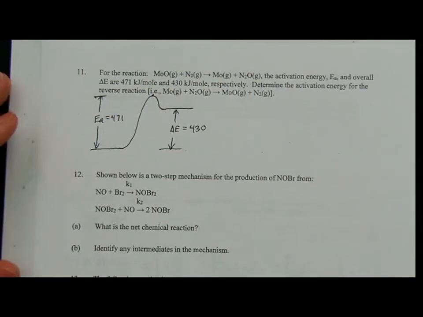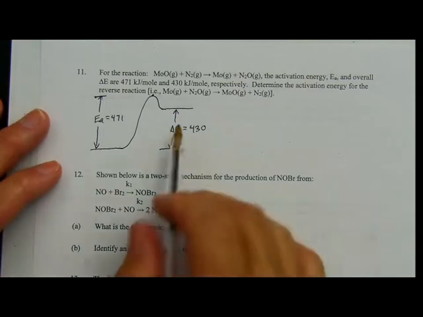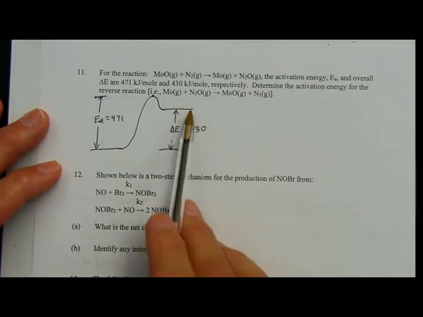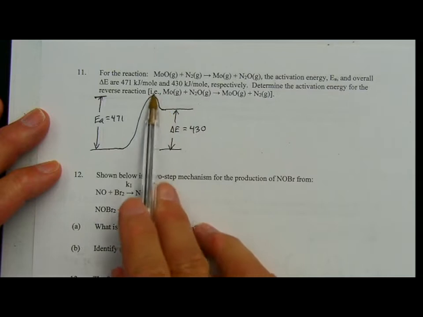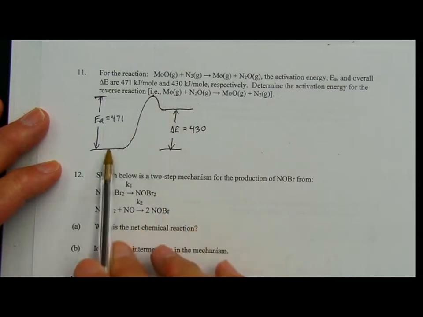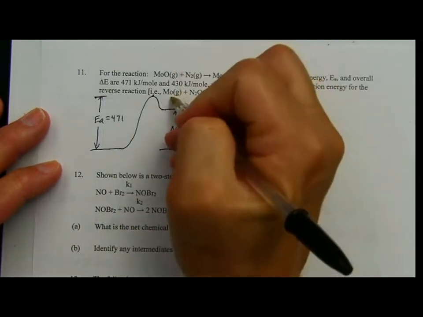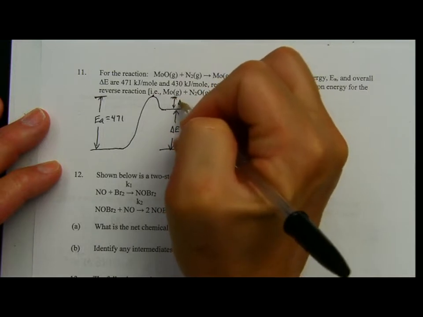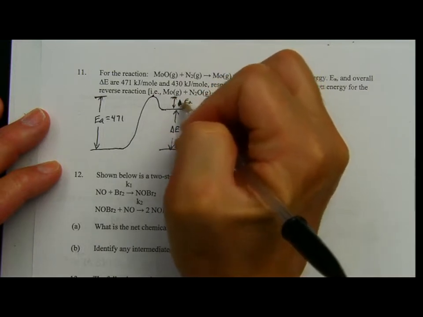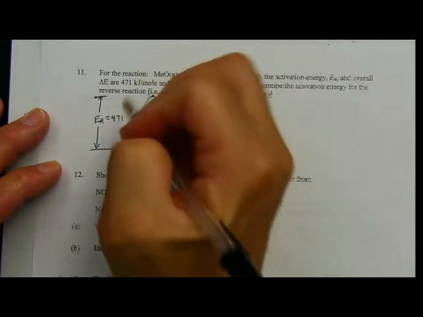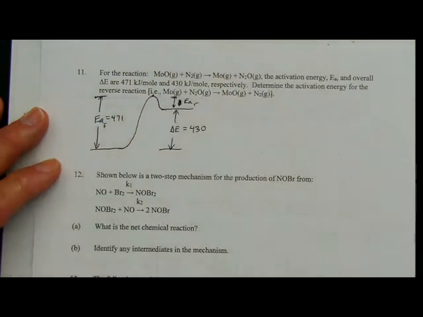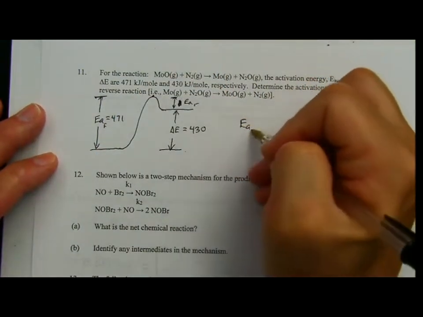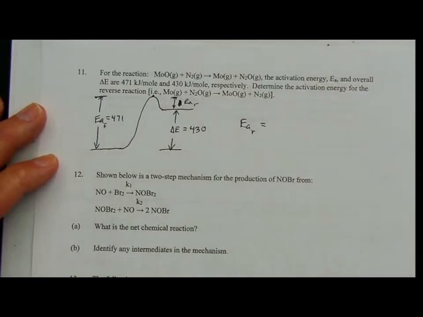The question being asked is, what is the activation energy in the reverse direction? In other words, if you start up here, you have to go over the hump and then form products. That distance right there is the activation energy for the reverse reaction. This is the activation energy for the forward reaction.